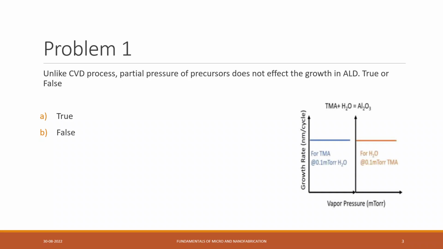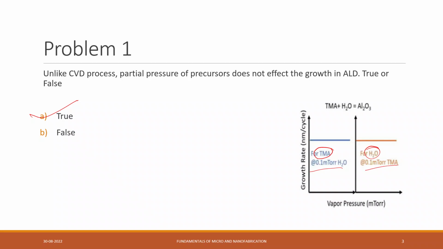So unlike the CVD process, the partial pressure of precursors does not affect the growth in ALD. So it is true actually, because this diagram shows that when they are varying the vapor pressure of one of the constituents and keeping the other constant, the growth process is the same.